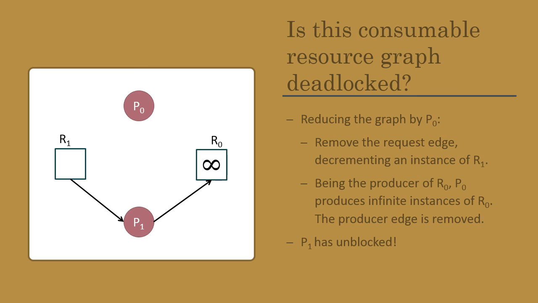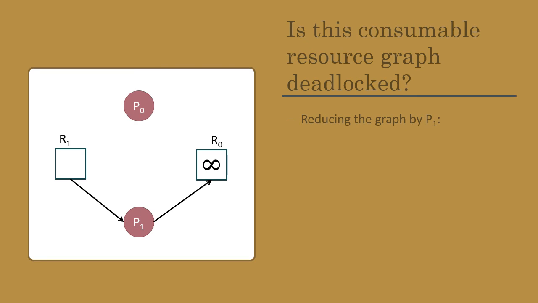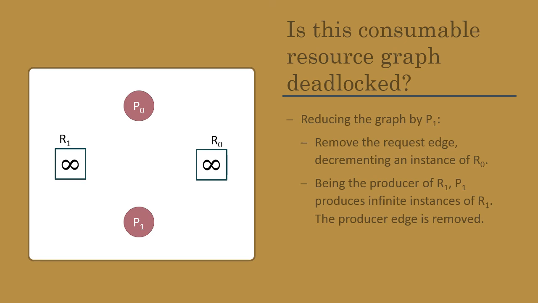P1 has unblocked. Reducing the graph by P1. Remove the request edge, decrementing an instance of R0. Infinity has not changed because infinity minus 1 is also infinity. Being the producer of R1, P1 produces infinite instances of R1. The producer edge is removed.